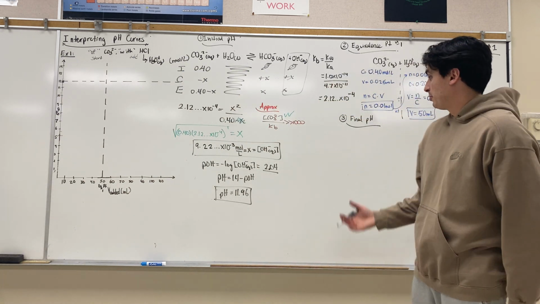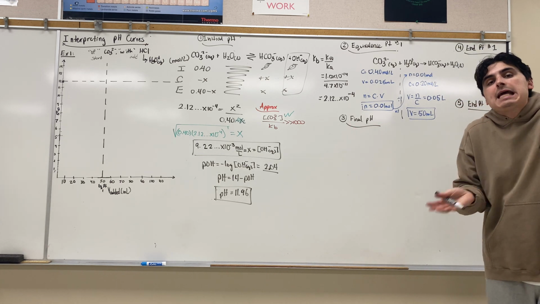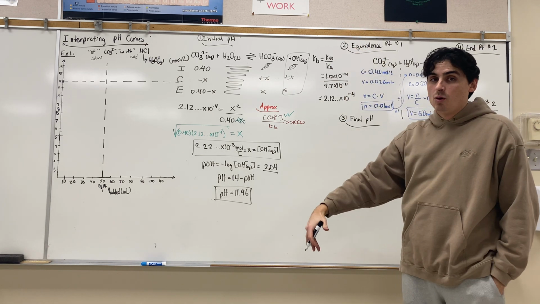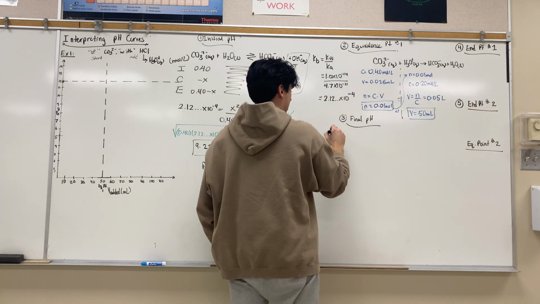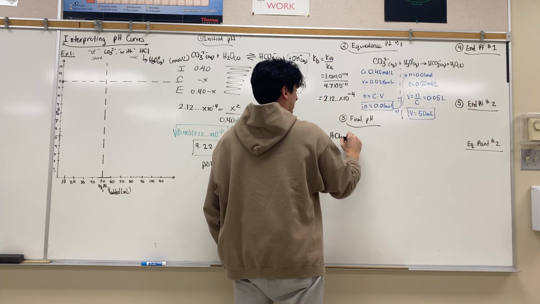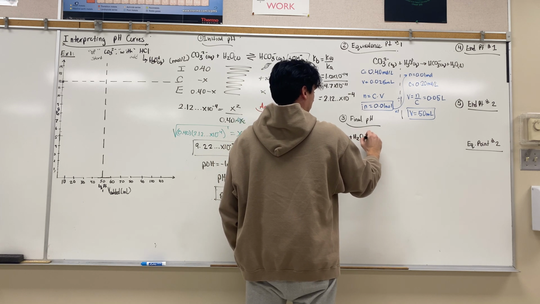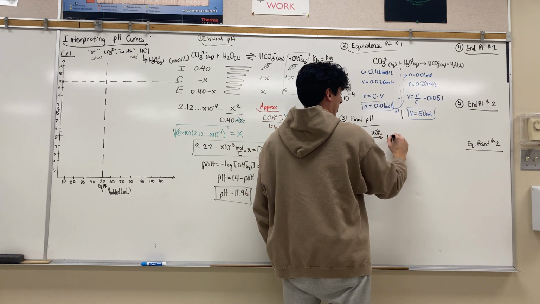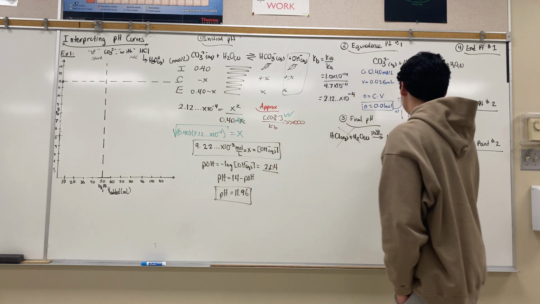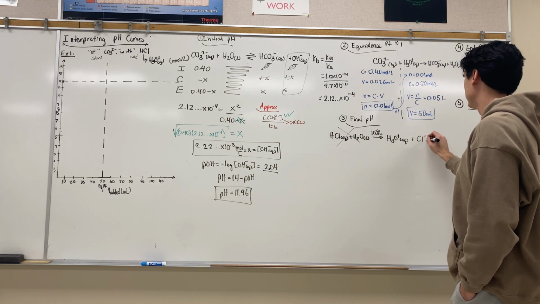Okay, step 3, final pH. It's the same. What have we been adding the whole time? HCl. So what do we end up with? HCl. Now we have to remember HCl is a strong acid, which means it ionizes 100% with water, so it goes away to make 100% H3O+ and Cl-.